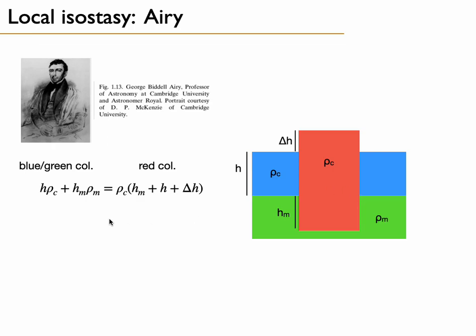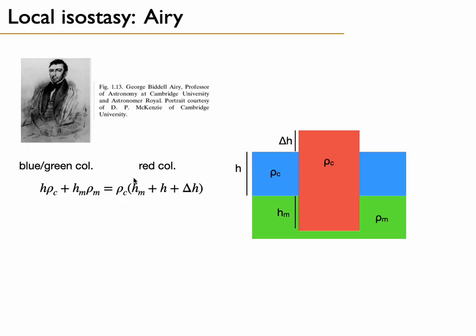So let's equate the pressure exerted by the blocks. So now we have the blue/green column. It has a thickness of h times rho c, that's the contribution from this block.